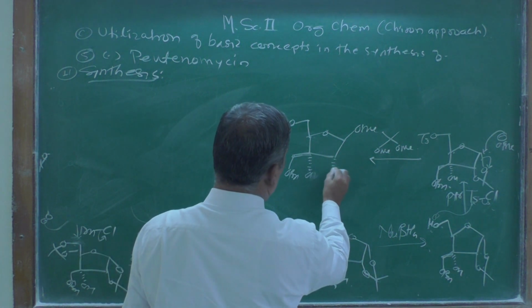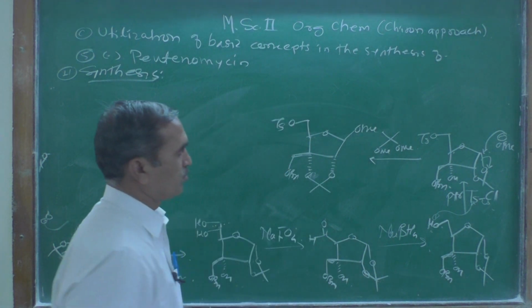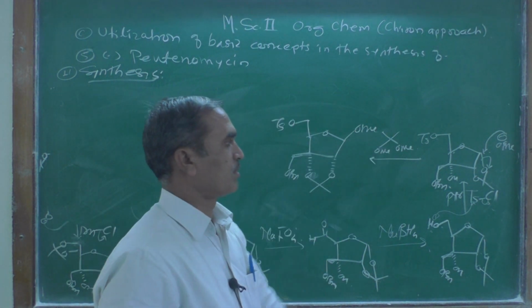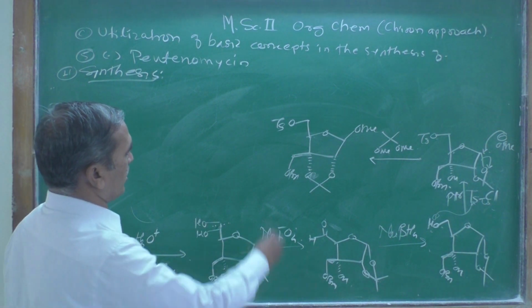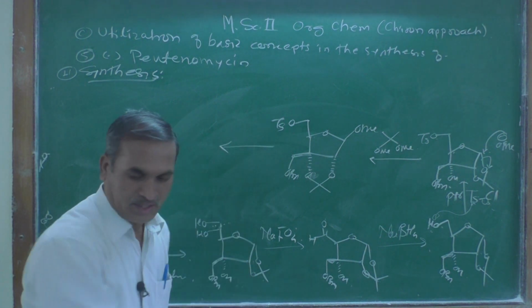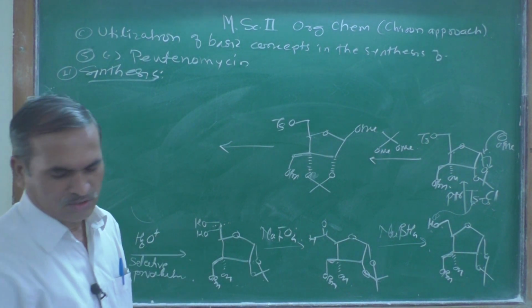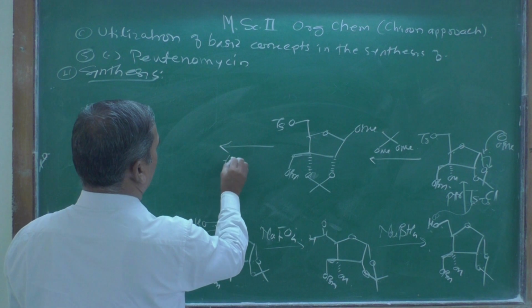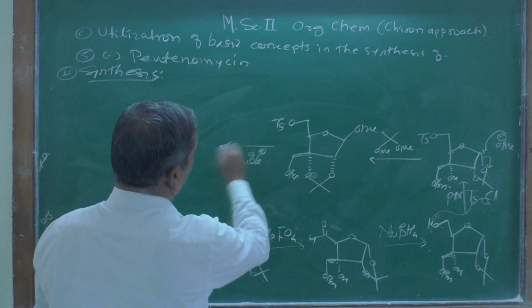This is going to form automatically, this gets protected. 1,2 protection, this type of compound is used for this protection, and after that you can treat this compound with tertiary butoxide. Tertiary butoxide is a strong base.